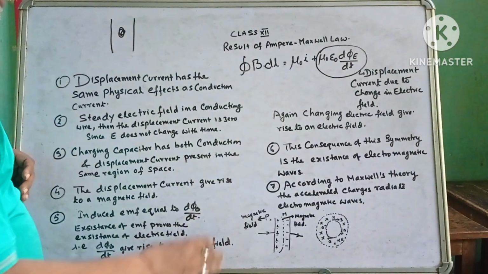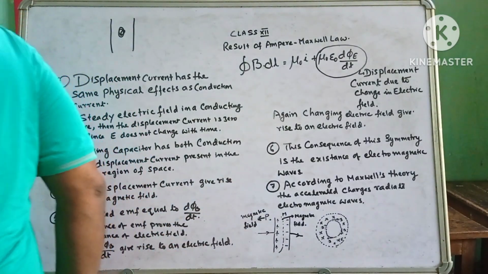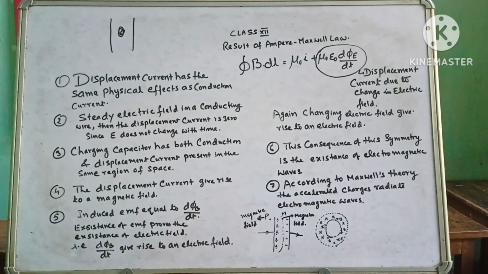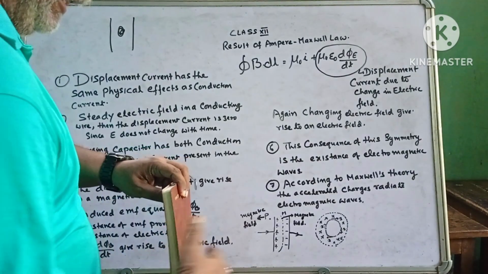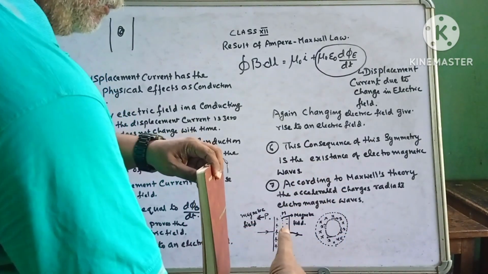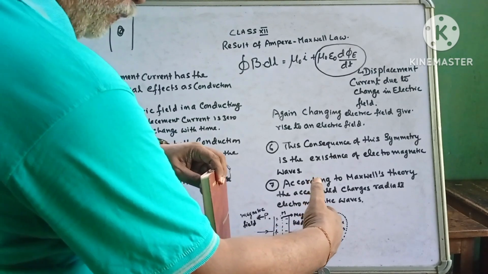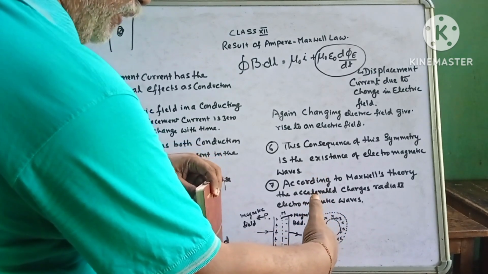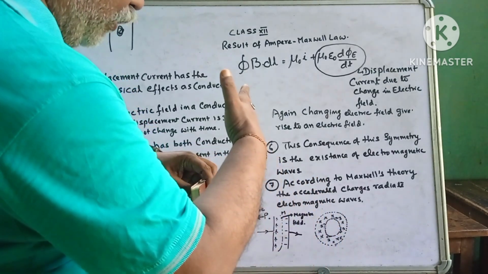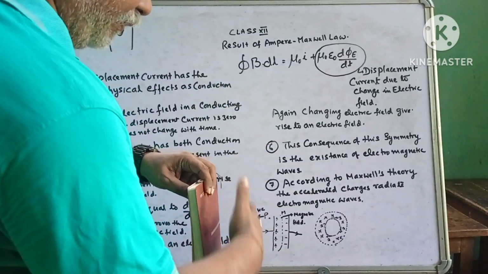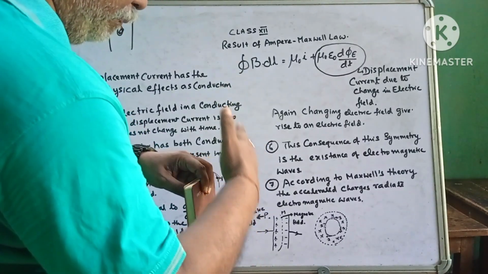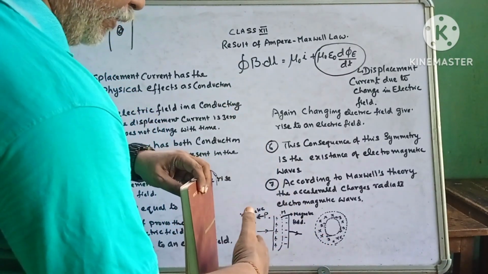You have taken this from the parallel plate capacitor. Imagine there are two parallel plates, and you are taking the cross section on this side. This is the cross section.